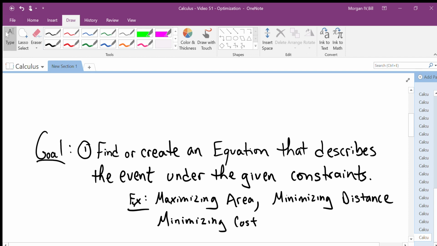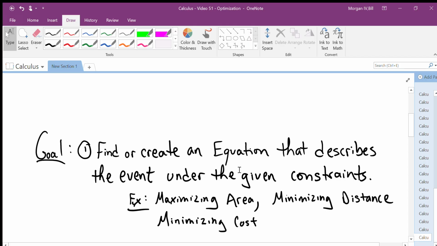So an area equation. Or maybe we want to minimize the distance between two things, so we would need a distance equation. Or maybe we want to minimize the cost of something, so we would need a cost equation. So we are either going to find or create an equation that describes the event, and we'll have certain constraints under which we will do those things.